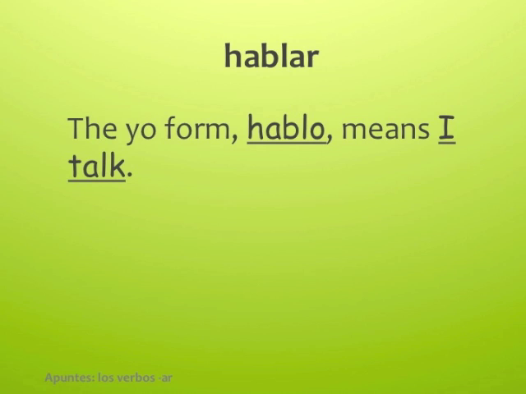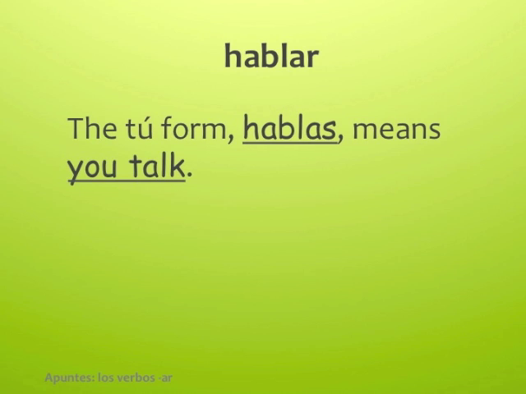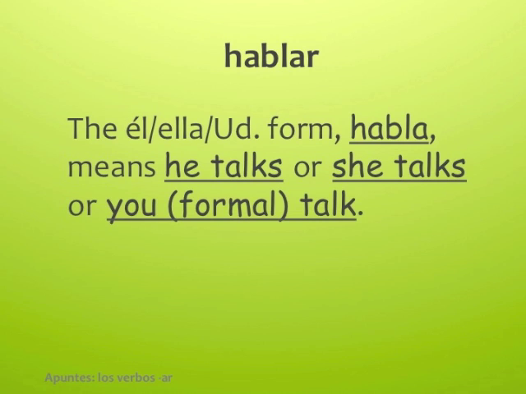Now that we've figured out the conjugations, let's figure out what they mean. The yo form, hablo, means I talk. The tú form, hablas, means you talk. The el, ella, usted form, habla, means he talks, or she talks, or you talk, depending on our context and the situation.